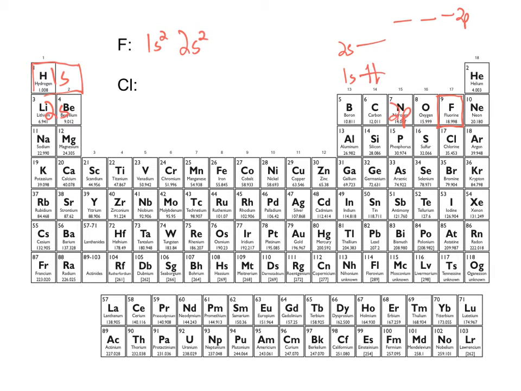And so when I put in the arrows, for the one that has spin up, I drew an arrow with a half head up and another one with a half head down. So I have 2 electrons in the 1s. I have 2 electrons in the 2s. And then based on the column that fluorine is in, I have 1, 2, 3, 4, 5 in the 2p's. And so to finish off the electron configuration, it would be 2p5.